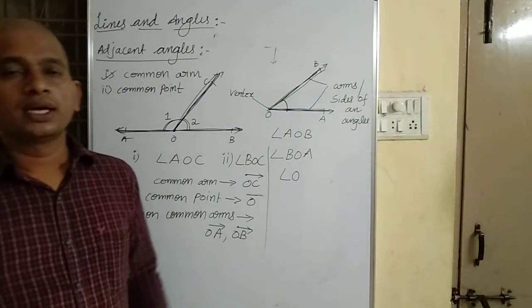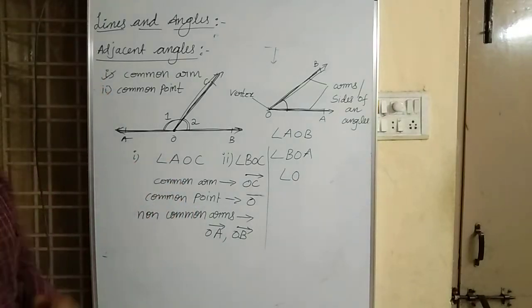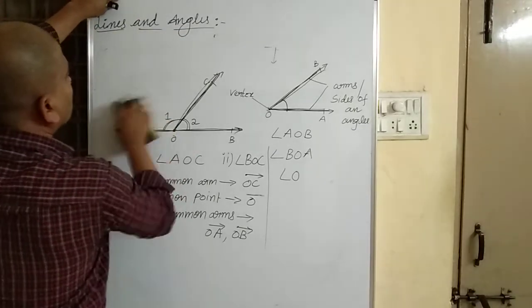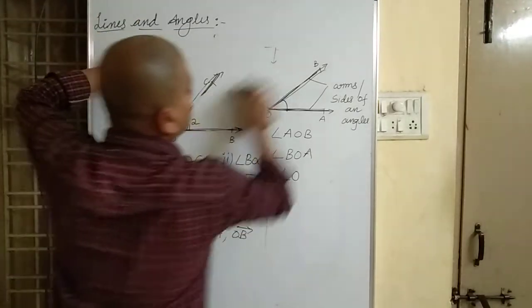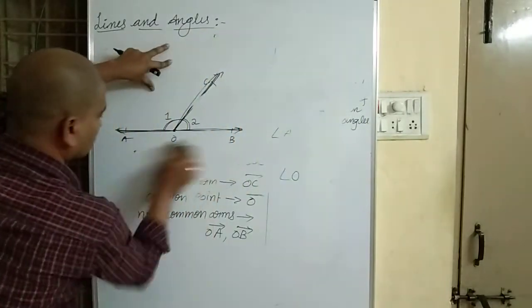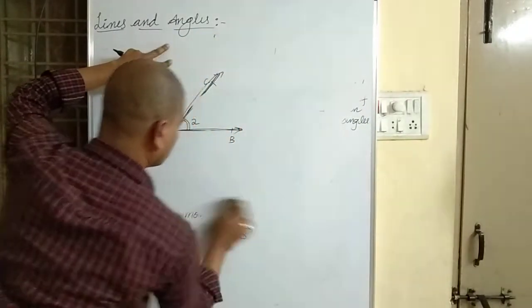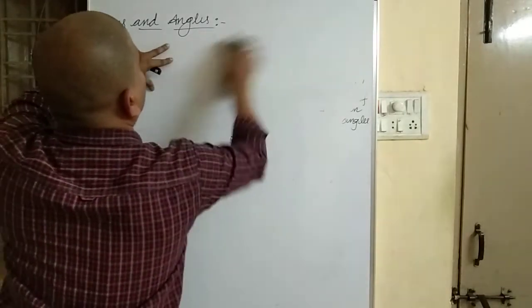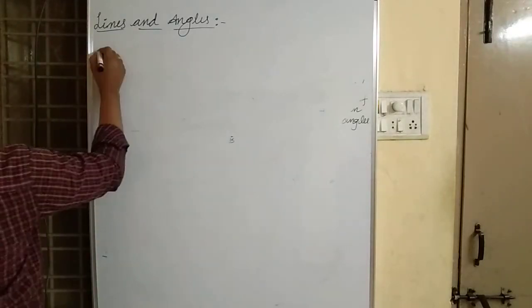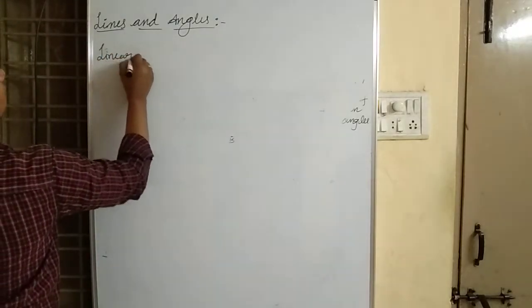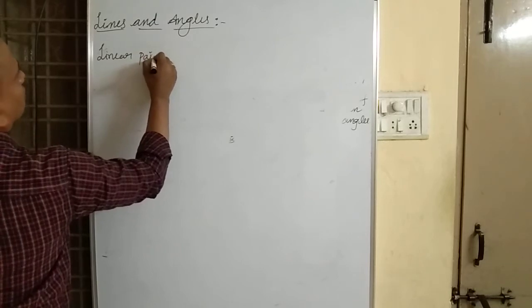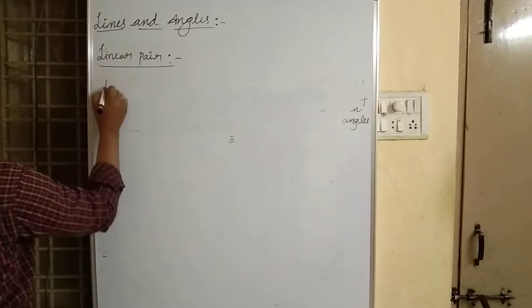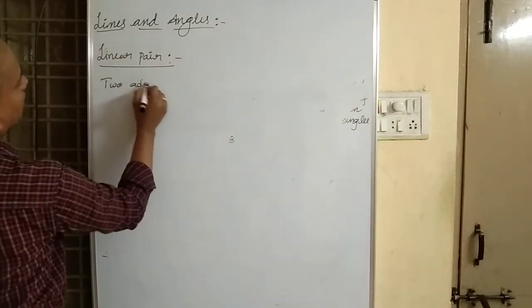Now, what do you mean by linear pair? Which is important. So a linear pair is nothing but two adjacent angles.